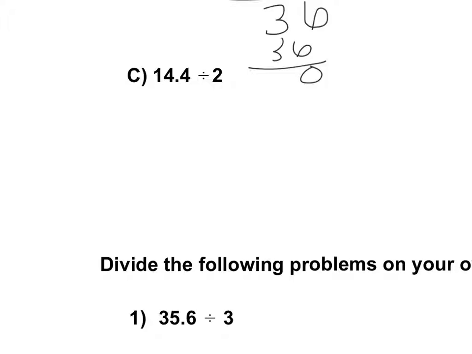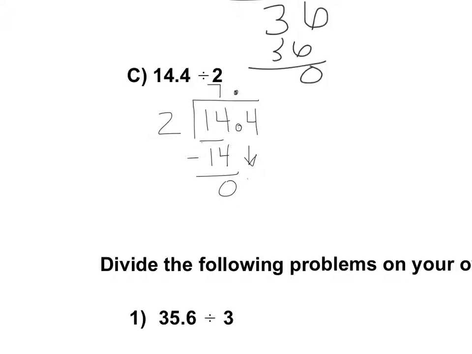Let's do another example. 14.4 divided by 2. So, 14.4 divided by 2. Well, first thing first, we take our decimal from our dividend, put it up here for our quotient. 2 goes into 14 7 times. 7 times 2 is 14. We subtract, and we get 0.